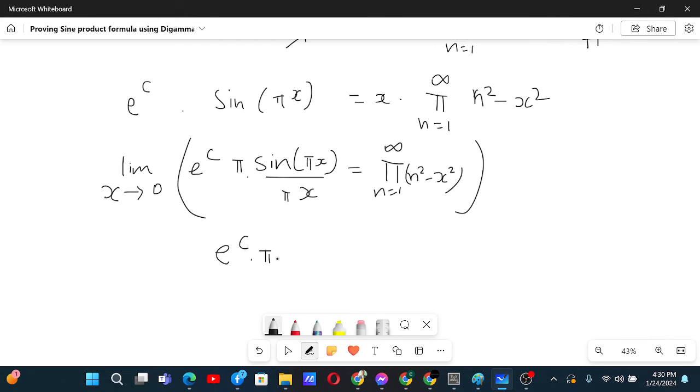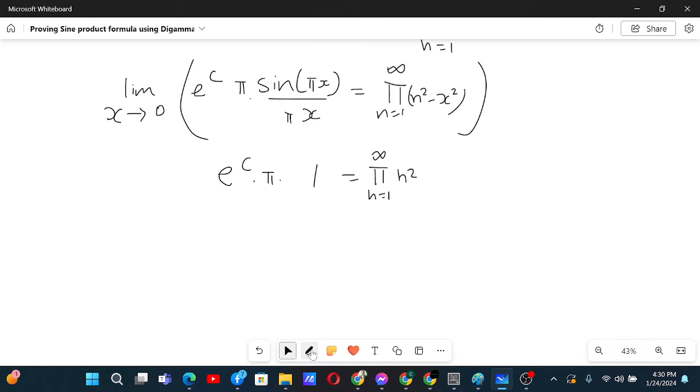So we have pi times 1. Over here we have the product of n from 1 to infinity of n square. Now we can see our constant e to the power c is just the product from n equals 1 to infinity of n square by pi. This is the e to the power c.